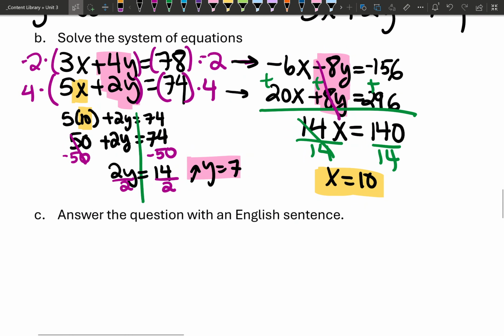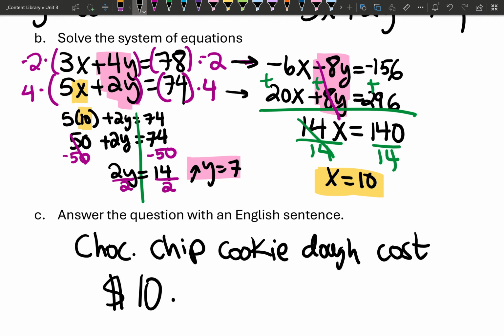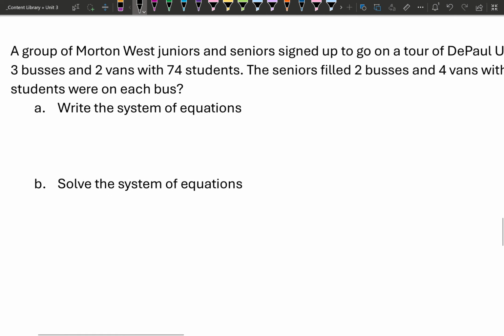And that was X. So, let's write it. Choc chip cookie dough cost $10. Because that's what X equals. Alright, let's do 2 more.